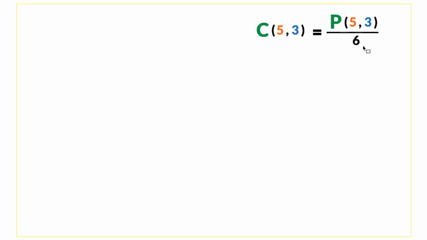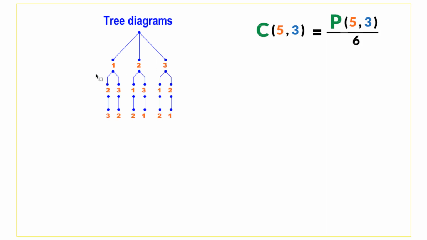Now what does this 6 mean? It means the number of ordered sequences. How can we derive that? We use the tree. For 3 objects we have 3 numbers, and we are withdrawing these numbers without replacement, so we get 6 ordered numbers, and so this is what the 6 here means.